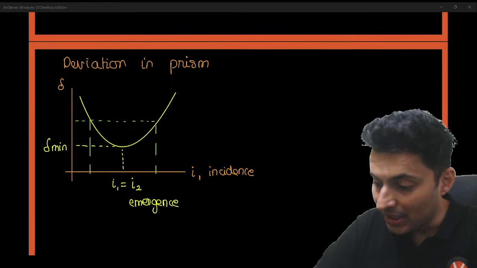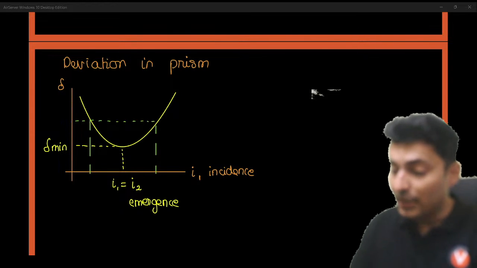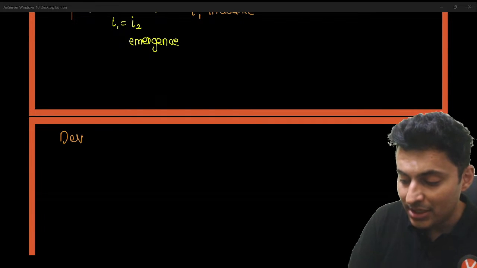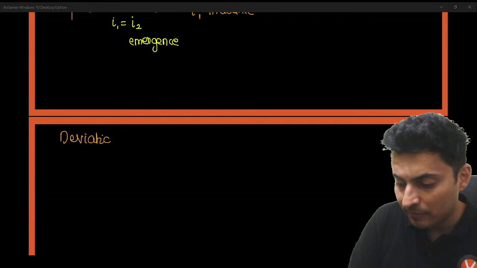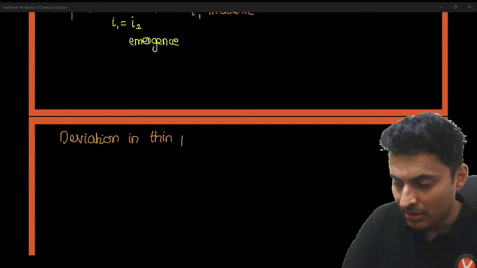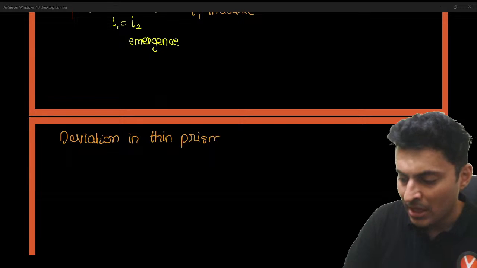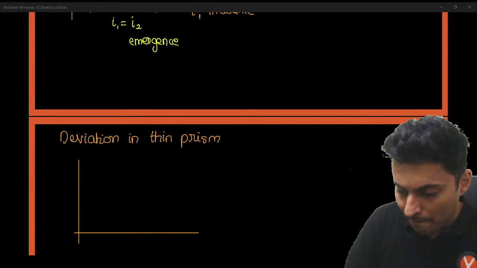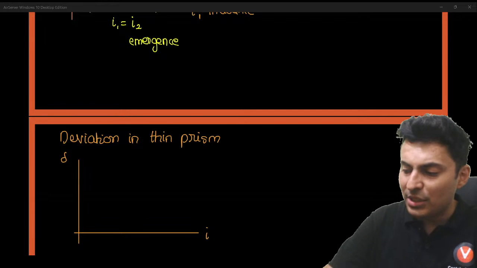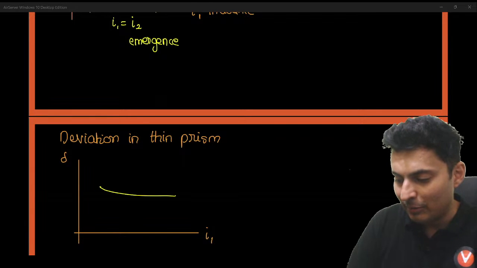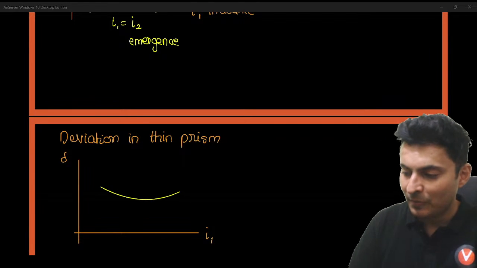But it so happens that if you have a thin prism, so let's take deviation in a thin prism, then what happens? There is not much variation. In fact, the graph is almost like this.